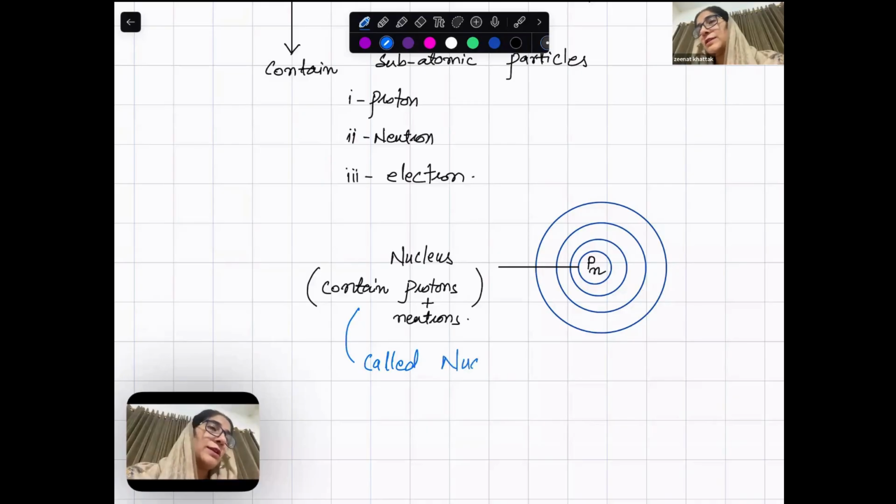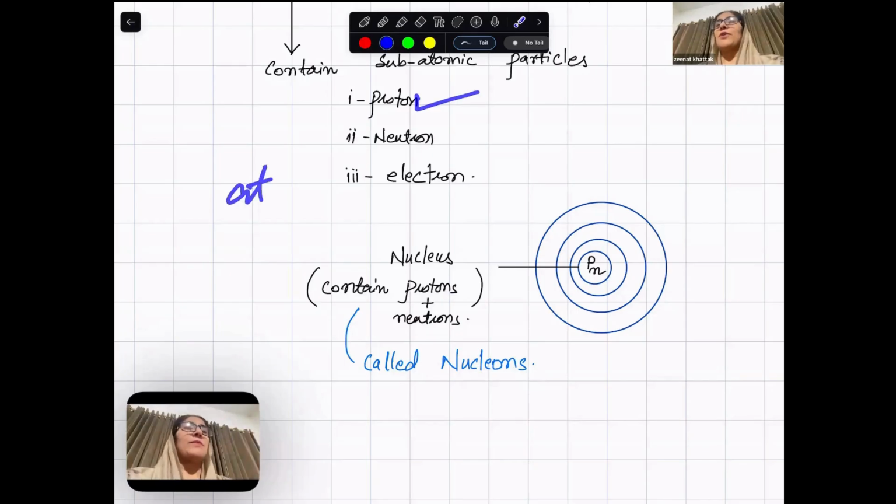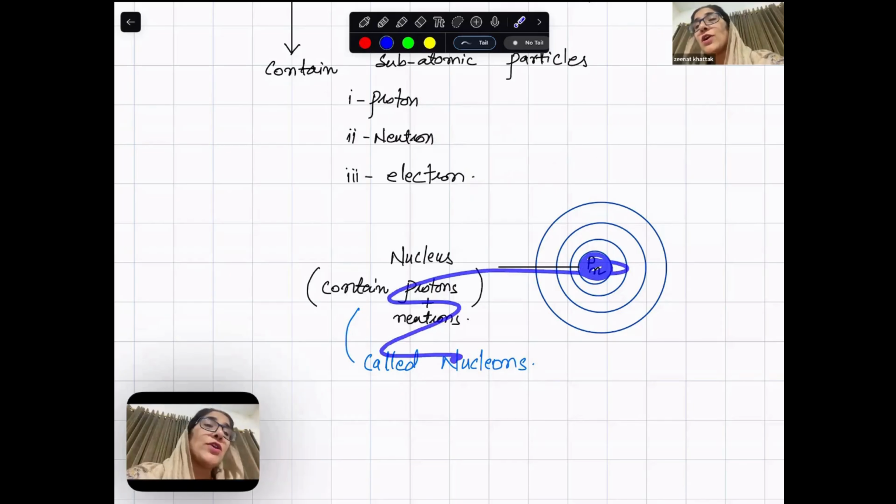So what are nucleons? Nucleons are the particles inside the nucleus. The particles inside the nucleus are protons and neutrons. They're called nucleons. Like atom contains proton, electron, neutron. Atom contains a nucleus which contains nucleons.